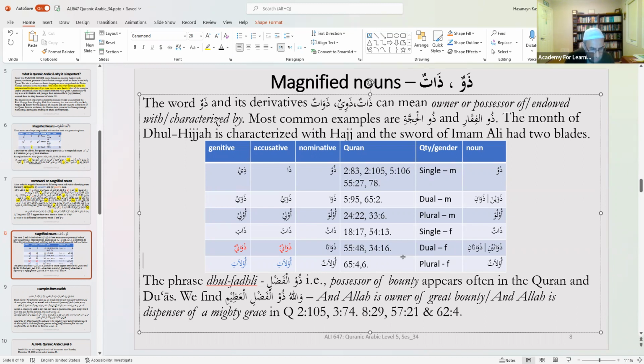Zawata, both abounding in branches, or both full of variety, that is of fruits. So Zawata, of course, is possessor of branches or fruits.